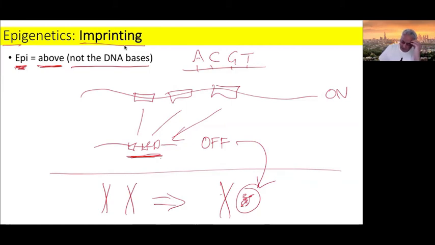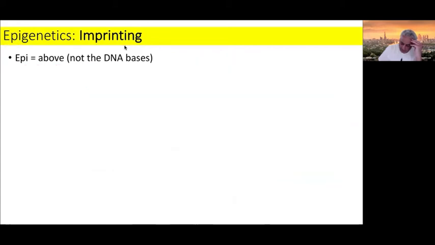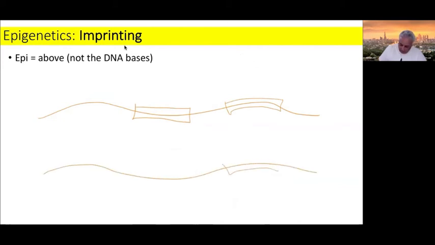How does epigenetics work? There are a number of different ways by which this system works. Let's just go through and look at one. Let me use a different color. So here's your DNA. And here's a region of a gene, and here is another gene. And let's compare that to another identical piece of DNA on another chromosome.